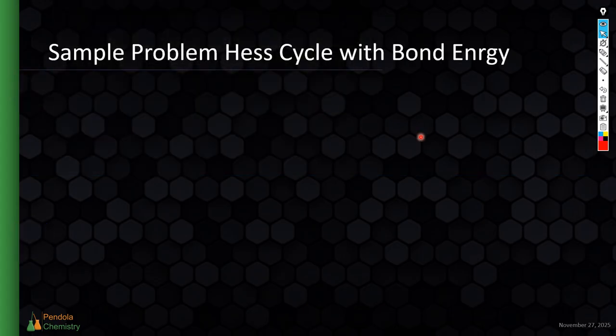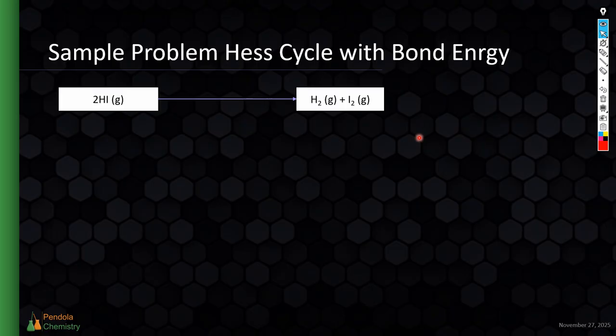So how can we make a Hess cycle here? Well, the Hess cycle here will be that 2HI can form H2 plus I2. That's the reaction that our question was giving us, right? So we have those hydrogen iodides being turned into individual hydrogen and iodine molecules.